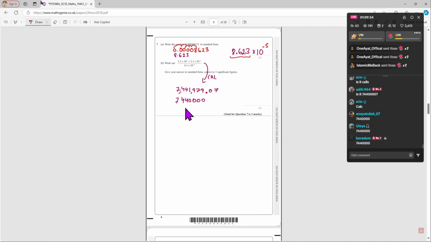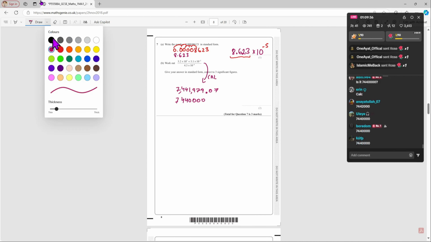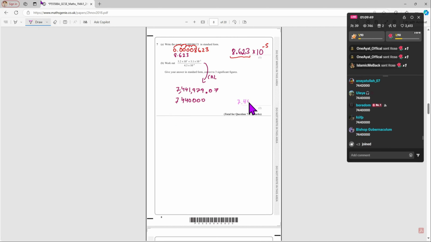Now, once you've gotten that, well done guys for getting that correct. Now we have to write this in standard form. As I told you guys, our first number is always between 1 and 10. So we know that our first number has to be 7.44. 7.44 is going to be your first number. Now, we're going to write 7.44 over here.